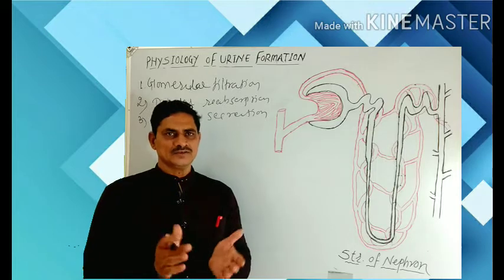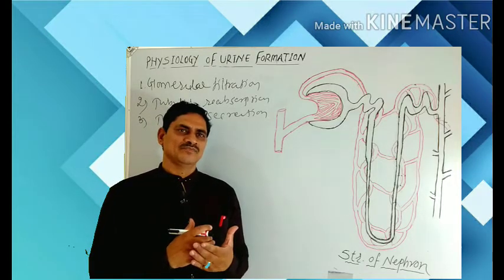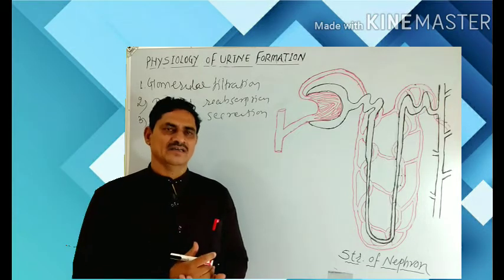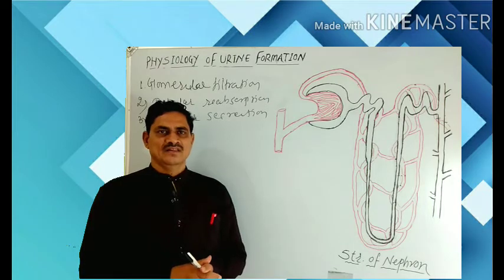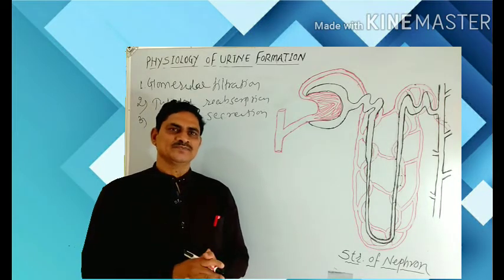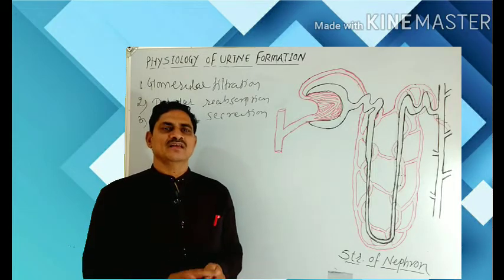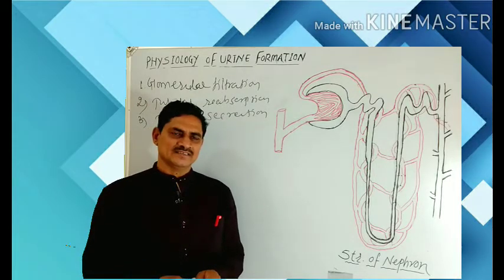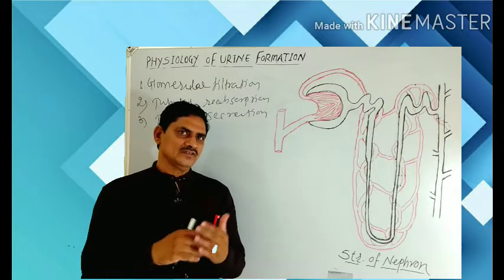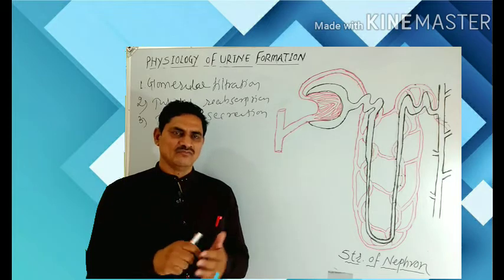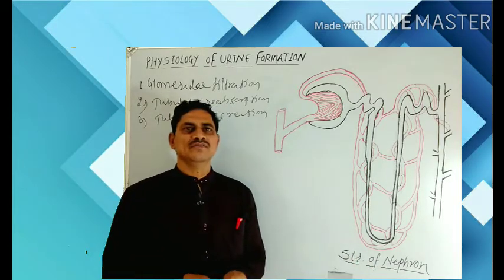We also studied briefly the introduction of the excretory system in mammals, particularly in human beings, as well as the basic structural anatomy and terminology of the functional unit of the kidney for urine formation, that is the structure of the nephron or the uriniferous tubules.